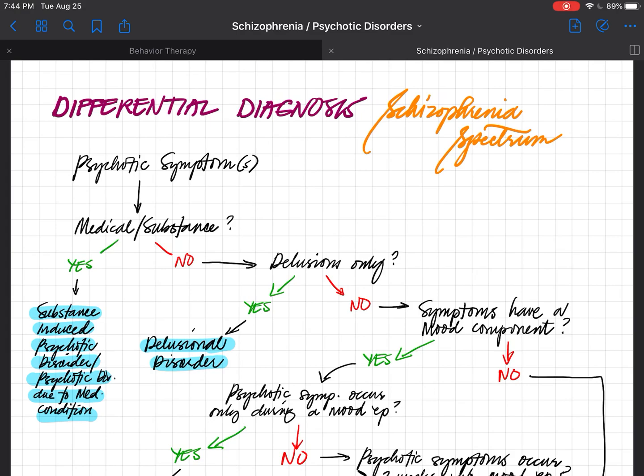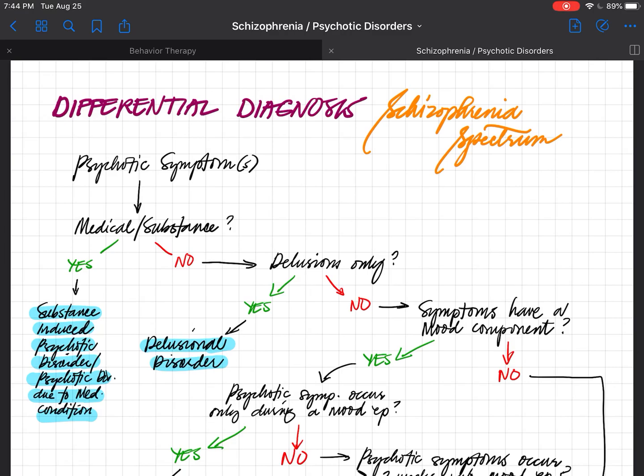So if yes, diba? Yes. If so, then we call it a substance-induced psychotic disorder or a psychotic disorder due to a medical condition. Okay? But what if no? Wala naman siyang na-take na substance and wala rin siyang medical condition.